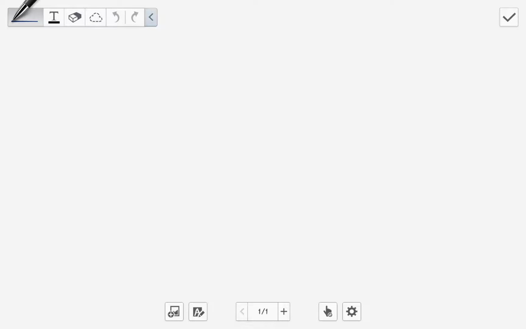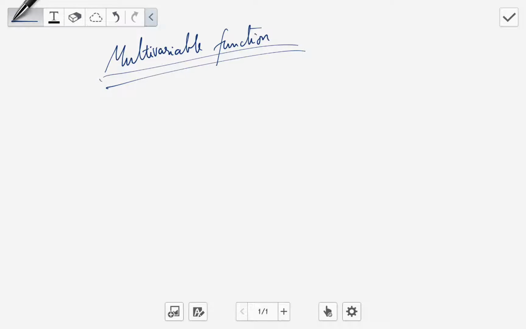Okay. Say we have a multi-variable function. It will look like y is equal to f of x1, x2, so on up to xn.